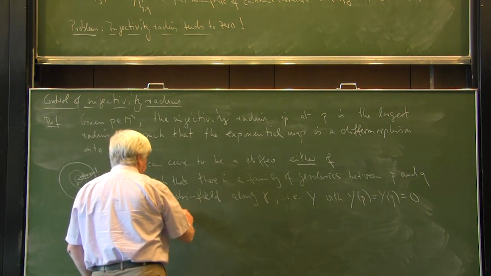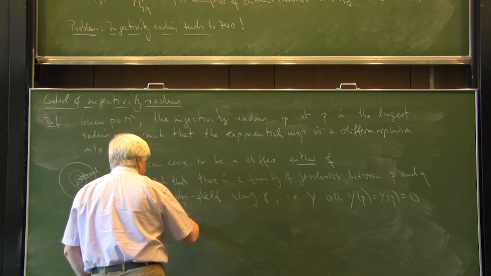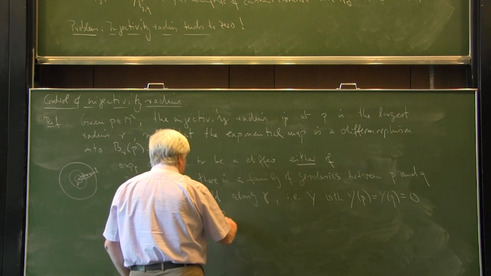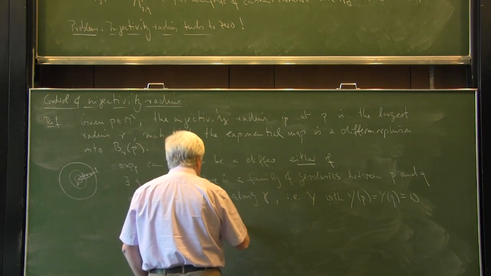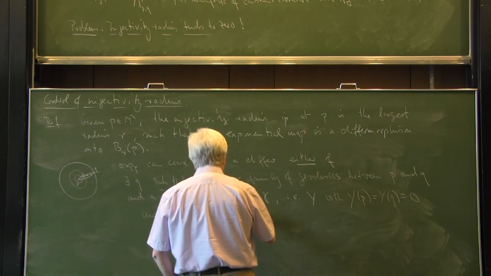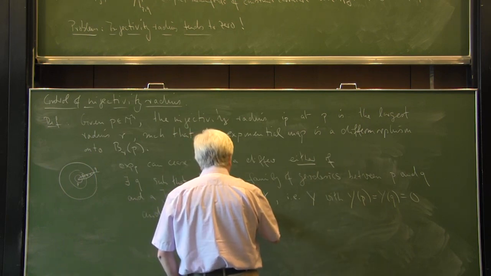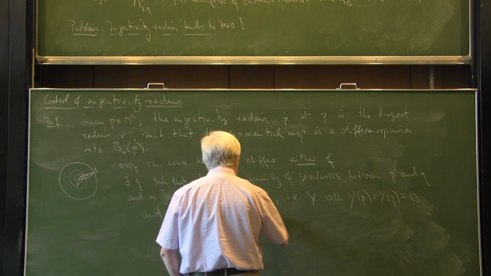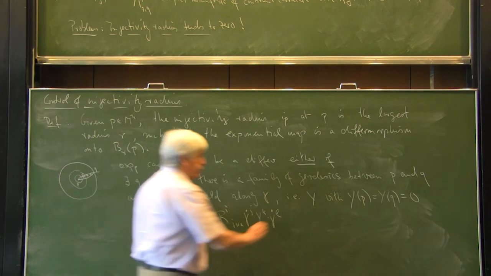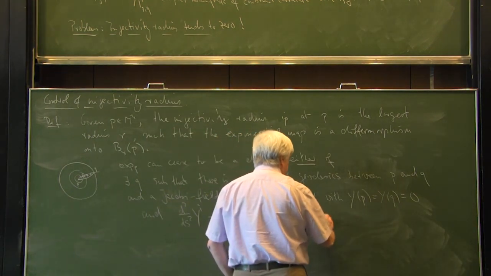Namely, you get the second derivative of Y^i equals the Riemann tensor R^i_{jkl} times gamma dot j times Y^k times gamma dot l. We have the so-called Jacobi equation for the vector field.